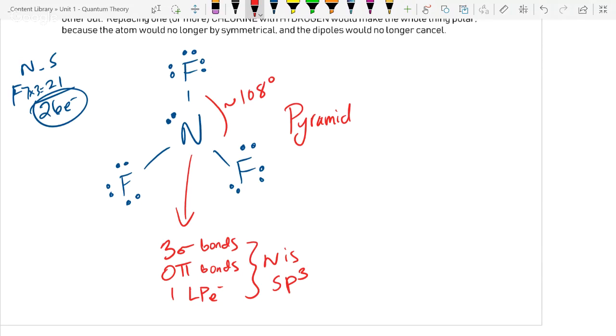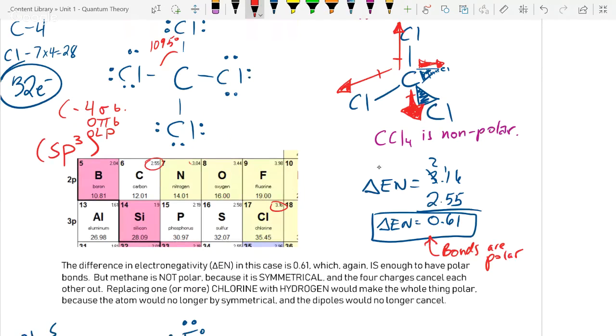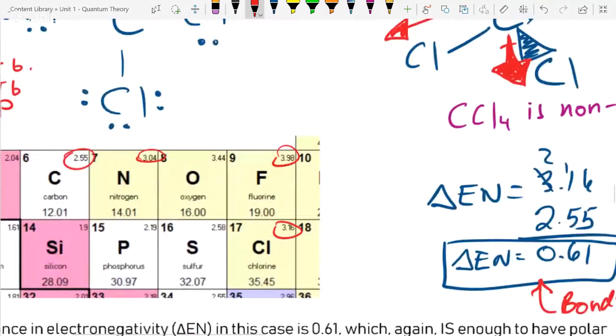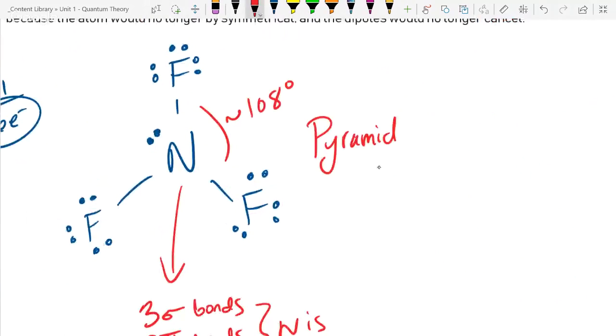Well, now, if it's a pyramid, which way does the dipole go here? Which has a higher electronegativity, nitrogen or fluorine? Yeah, can everyone see that? It's like 0.94 different. So here, we are going down to the fluorine, down to the fluorine, and down to the fluorine.